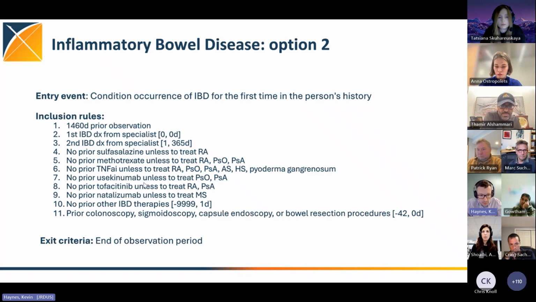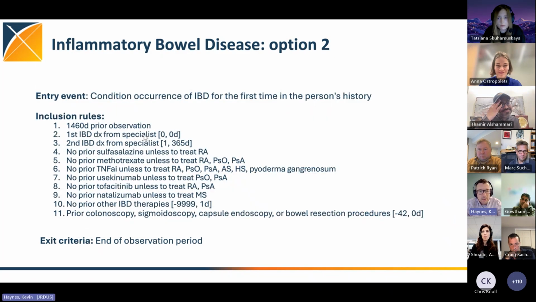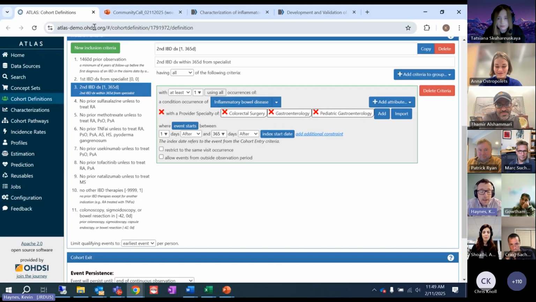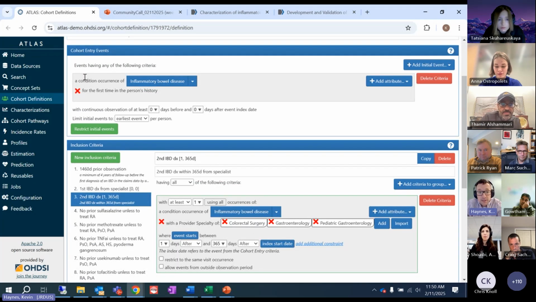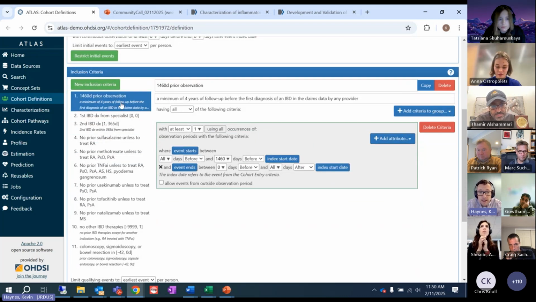And I can switch to our, oh boy, this is where I fail. Okay, our cohort definition, which we were able to put out into the public Atlas system. So here's a condition occurrence of inflammatory bowel disease for the first time in a patient's history. And then we have several inclusion criteria that need to be satisfied to get at the specific incident diagnosis of IBD.